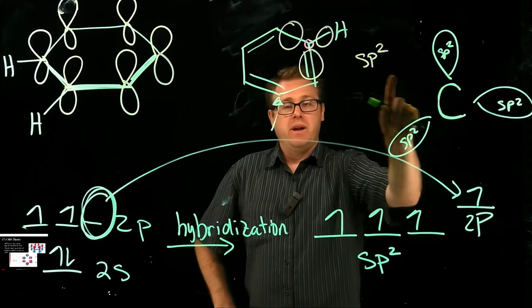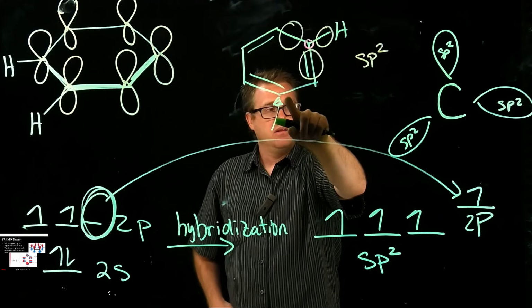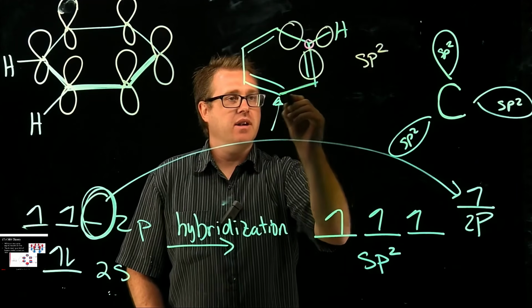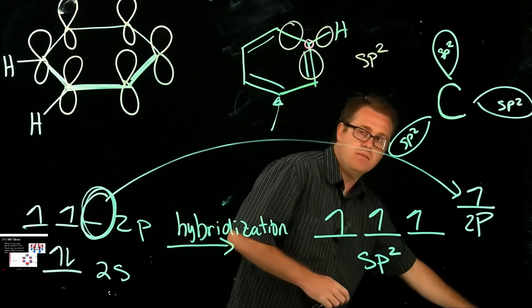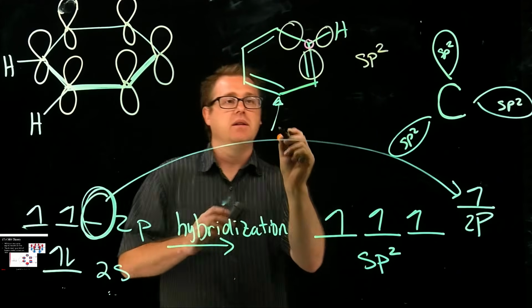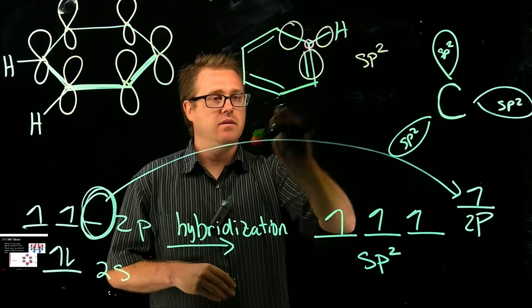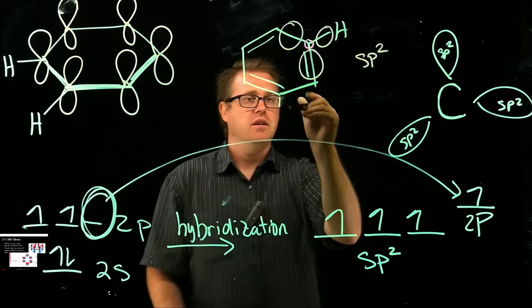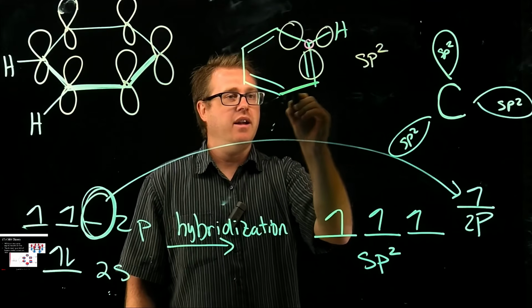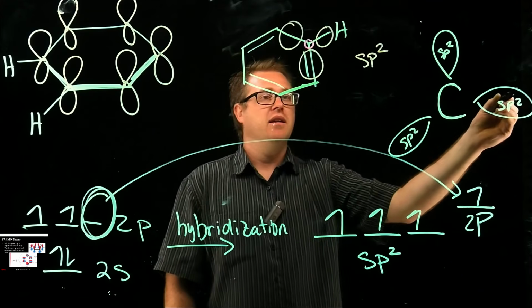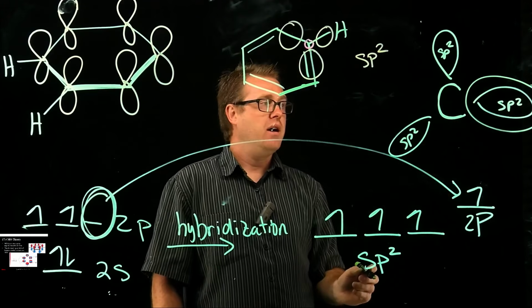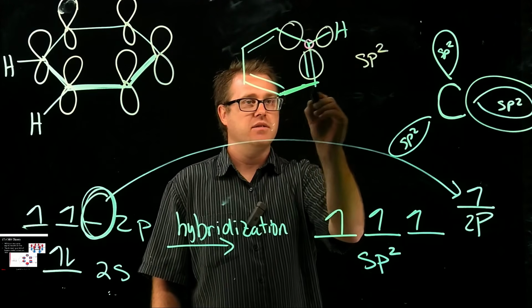So when we take a look at benzene, what you're observing is that this bond right here, so let's try to highlight this, is using an sp2 orbital to form that bond.